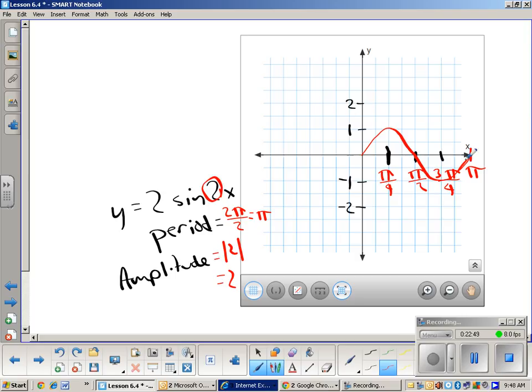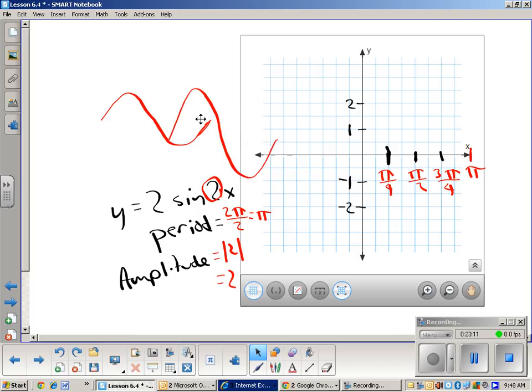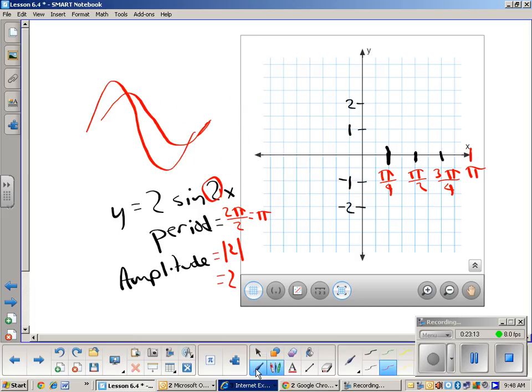Looks something like that. Oh, sorry, my bad. What did I ignore? I ignored the amplitude. It's 2. I went up to 2, but I didn't go down to 2. Let's try that one more time. 2 is down here.